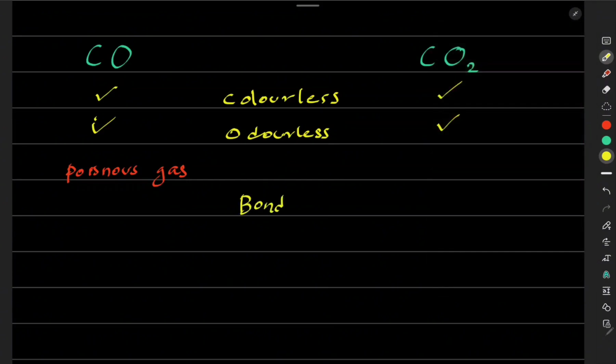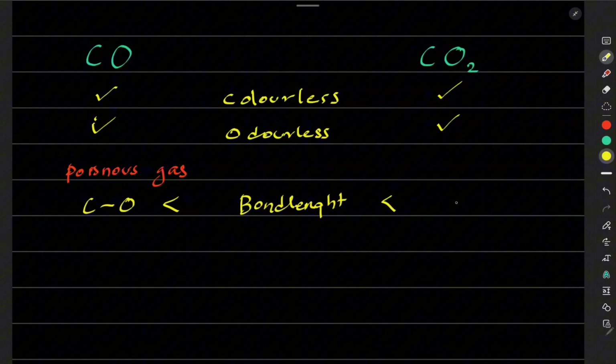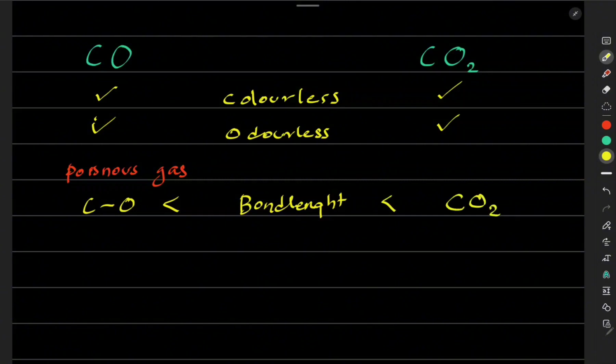The CO bond length is shorter and the carbon dioxide bond length is longer. CO2 has double bonds and carbon monoxide has triple bonds.